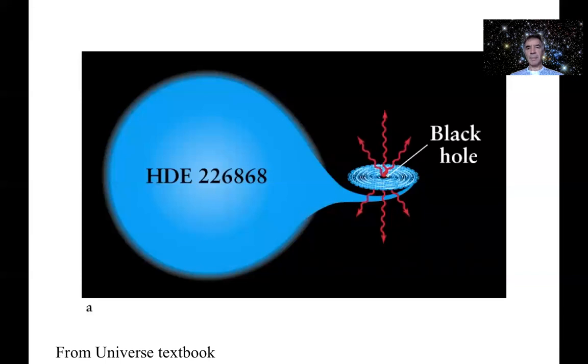So it will have the potential to pull material off the surface of the companion star and pull it onto itself as it goes round. And because everything's orbiting around each other, you've got angular momentum here, everything ends up spiraling around in a disk and then slowly disappearing down the plug hole here, if you like, down into the black hole.